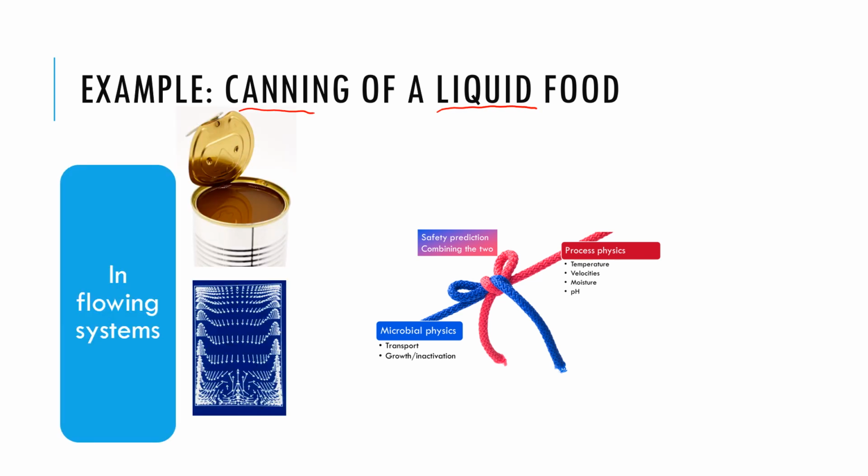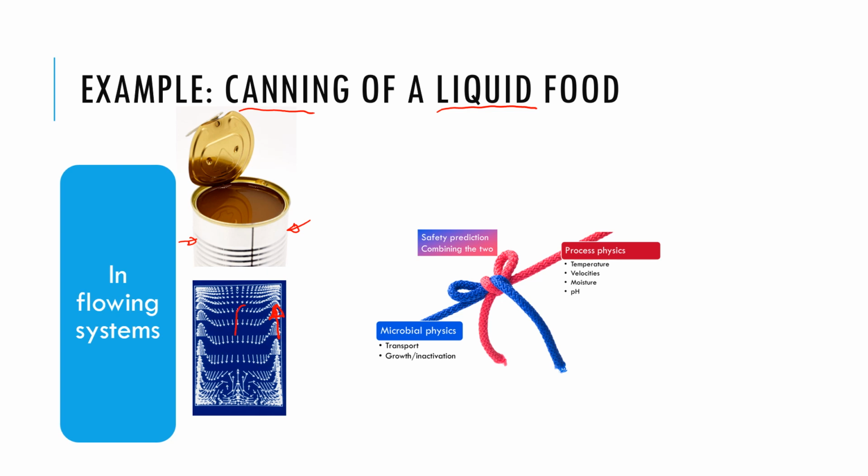So if we're heating a liquid food, even without any kind of agitation or movement of the can, if it is just sitting there, as we heat from the sides, the hot liquid inside will rise up next to the wall, because it's heated and therefore it expands and it gets lighter, and so it rises up.